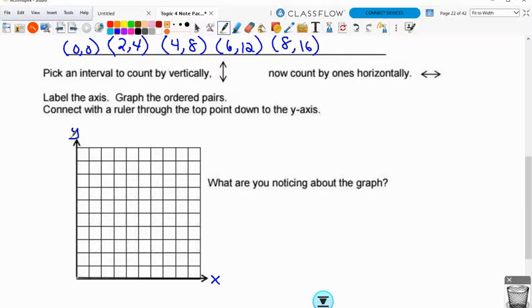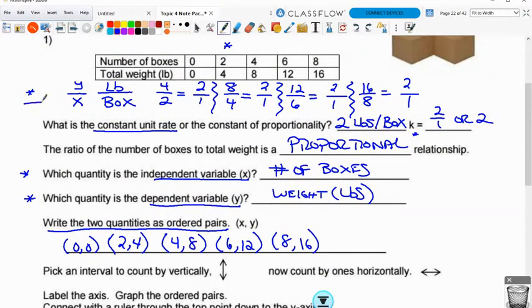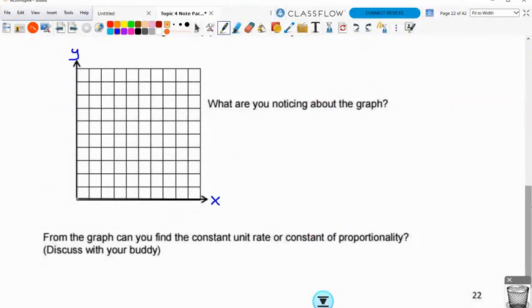The next thing that we're going to do is title the axes. If you remember from before, if we look back up here, the x data was our number of boxes, and our y data was the weight in pounds. So let's go back to our graph, and on the x-axis, I'm going to label this the number of boxes.